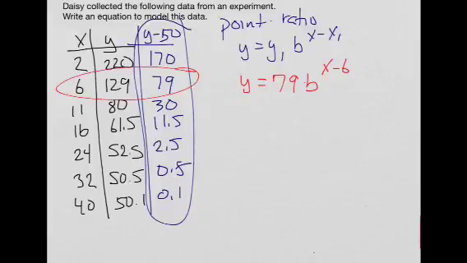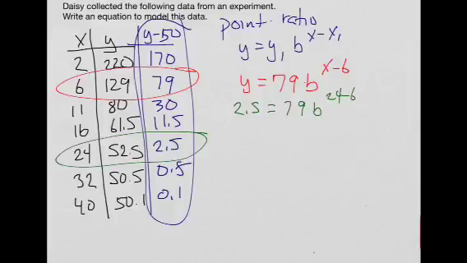Now to find my b, I need to select a second point. I'm going to pick one not too close to the first point. So I'm going to pick this one where x equals 24, plug that in for x and y. So I'll say 2.5 equals 79 times b to the 24 minus 6.